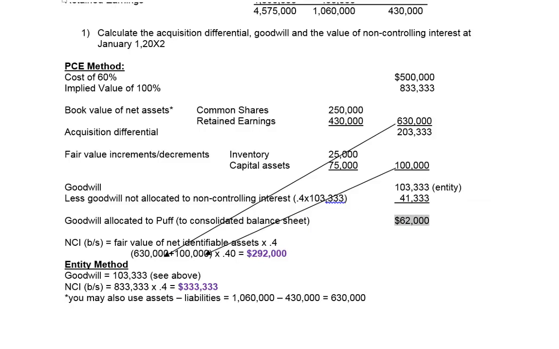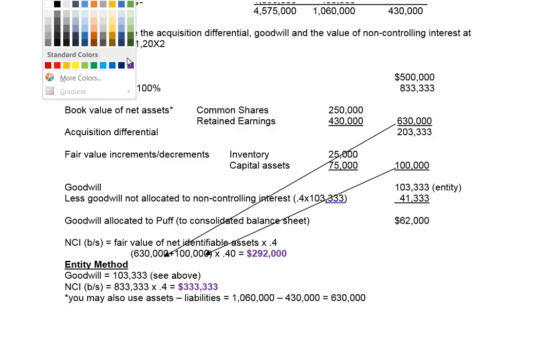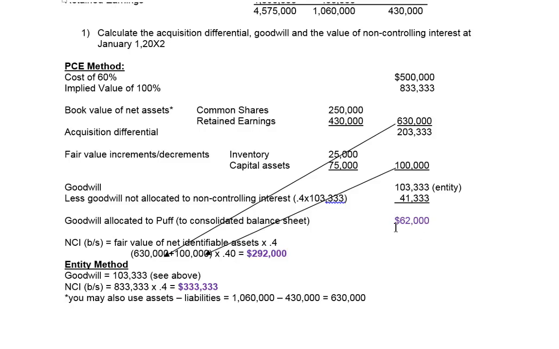You'll find that under the parent company extension theory, on the consolidated balance sheet, we only show the parent's share of goodwill. And on the NCI side, we calculate NCI as the fair value of net identifiable assets, which is the book value plus the fair value increments and decrements at NCI share, and that's $292.